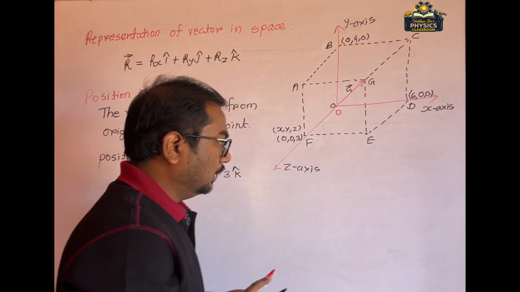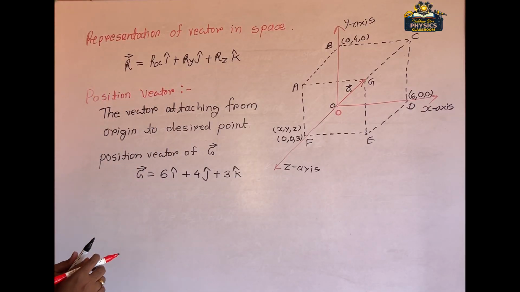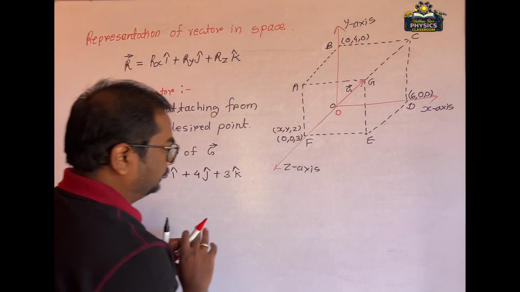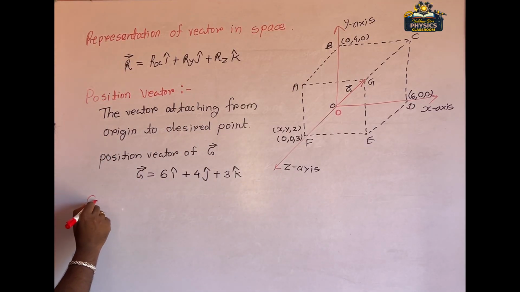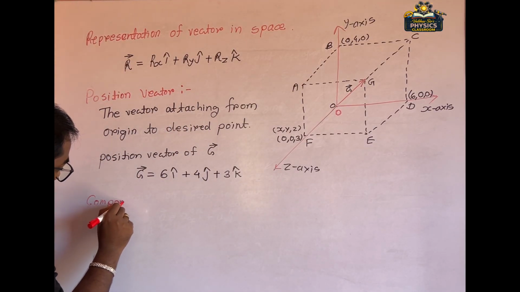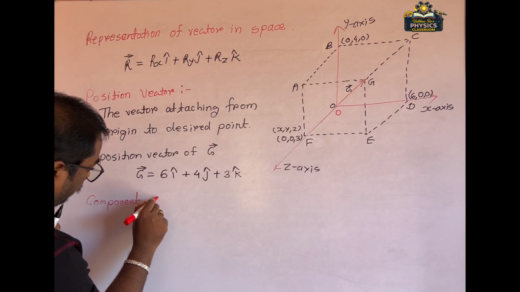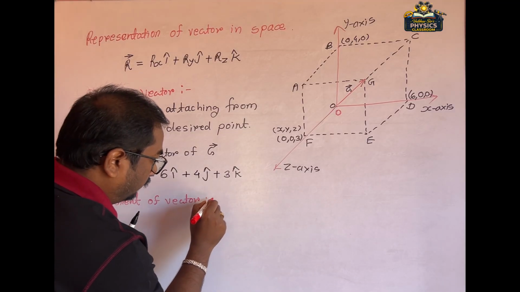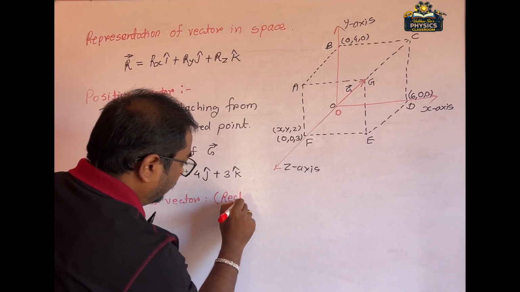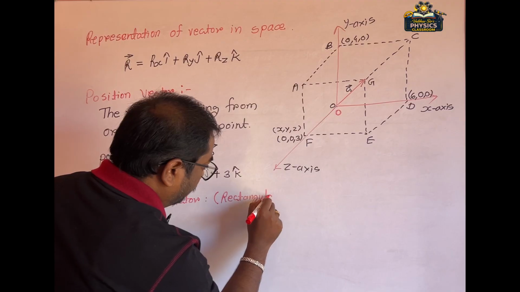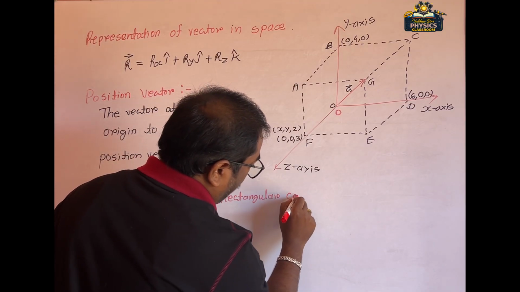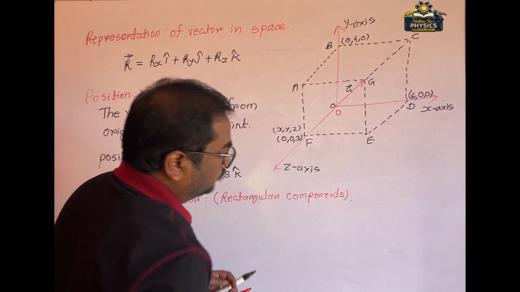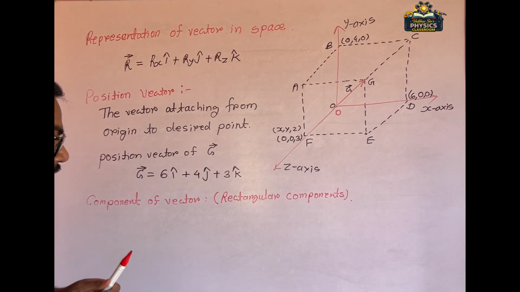Right. Now we will discuss how we can give the components. Components of a vector. We can use one specific word, rectangular components, also. Right. So how can we find them?